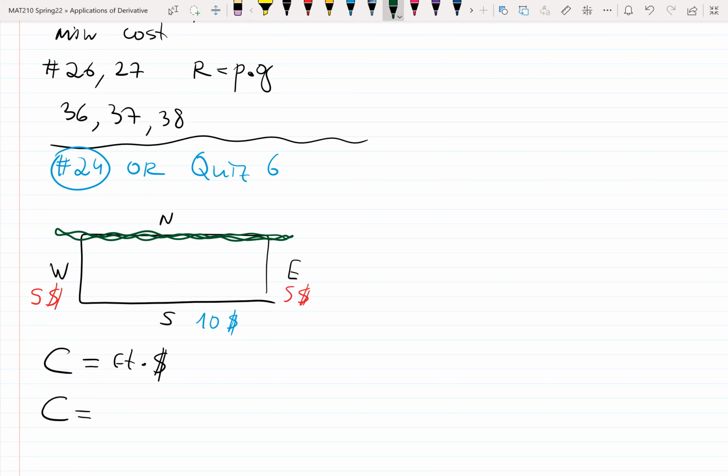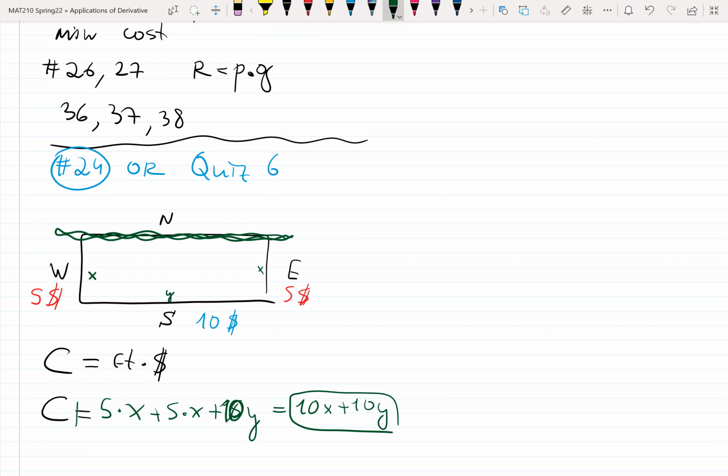So widths let's go X, and lengths Y. Then you will have 5 times X plus 5 times X twice, plus 5 times Y, and you're supposed to have 10 times Y one more time, but it's already taken by the building. This is your cost function. Cost function is 10x plus 10y, like so.